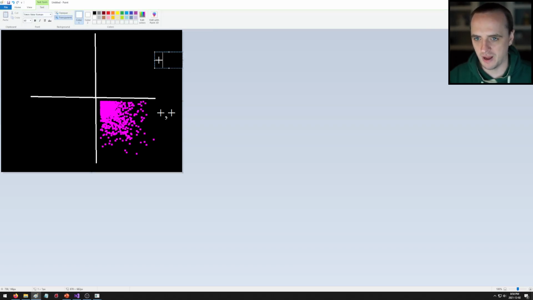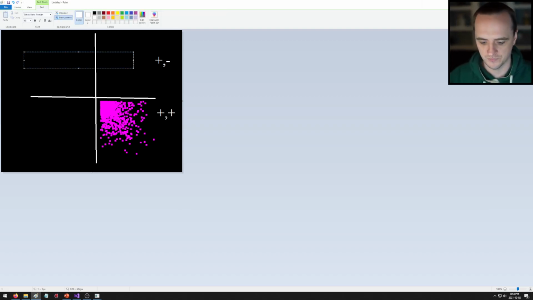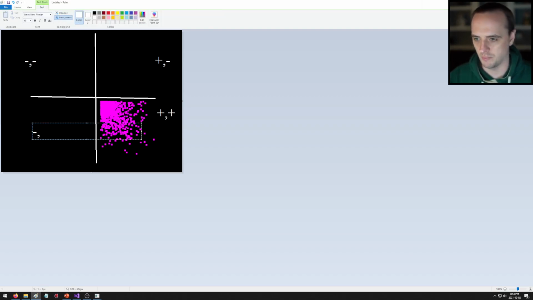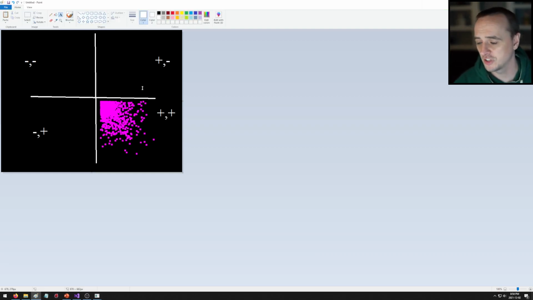Up here would be positive x and negative y. This would be negative x and positive y. And this would be negative x. No, sorry, that's negative x and negative y. This is negative x and positive y. So essentially, I need to make sure that my velocities are randomized within the whole space of positive and negative integers, right?